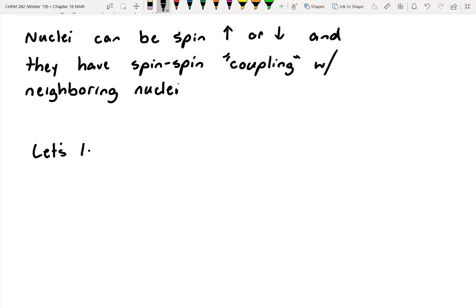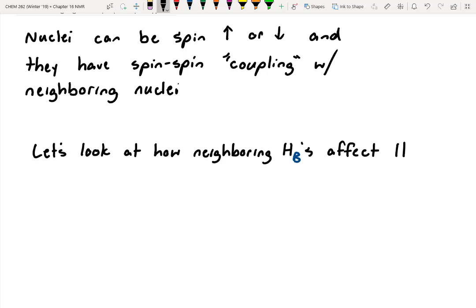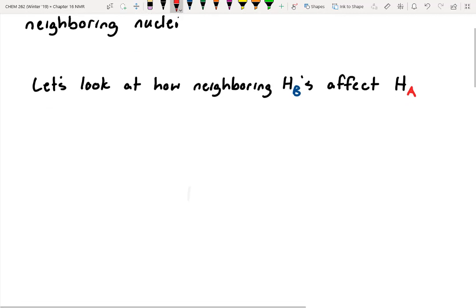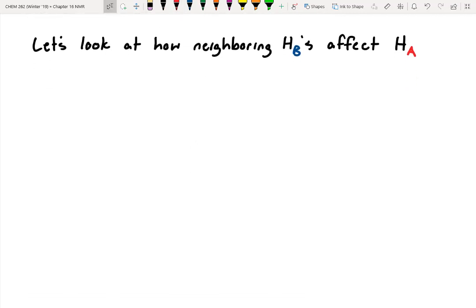So let's look at an example. I'm going to call this H sub B in blue. It can affect our proton of interest, which I'm just going to call HA. So we'll take a look at this with a handful of different examples.